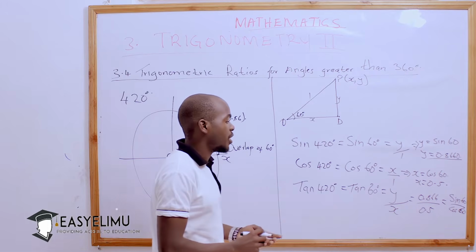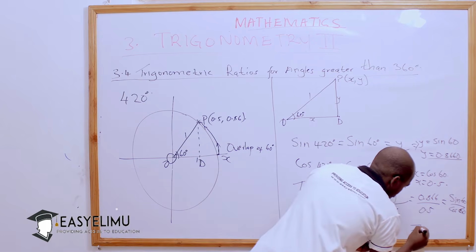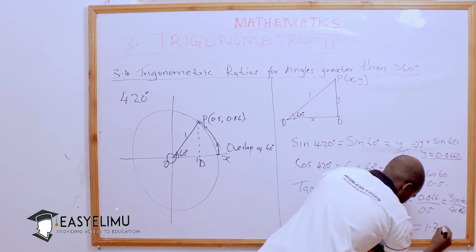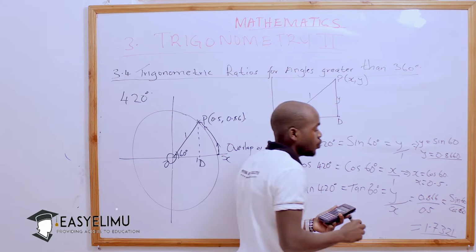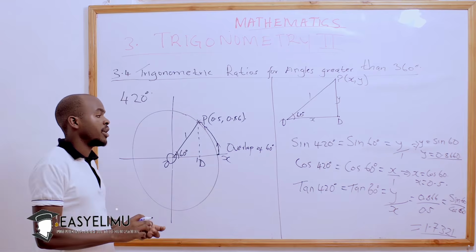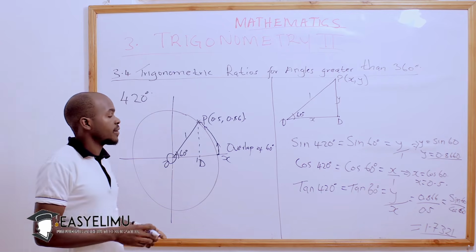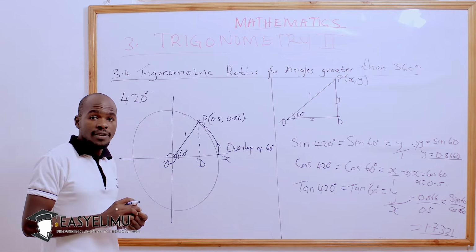So if you do that, it's going to give you 1.732 to 4 significant figures.